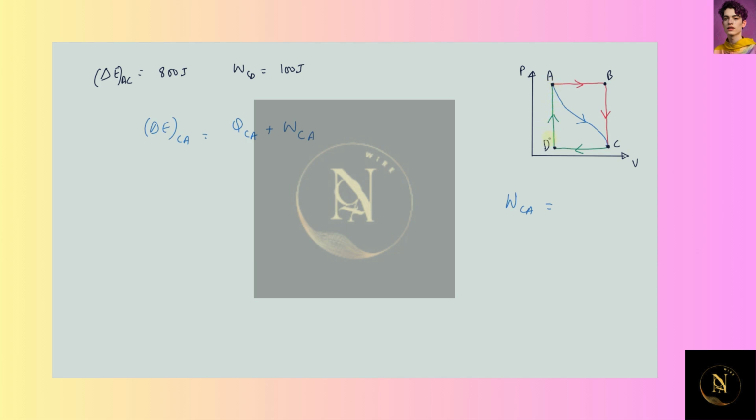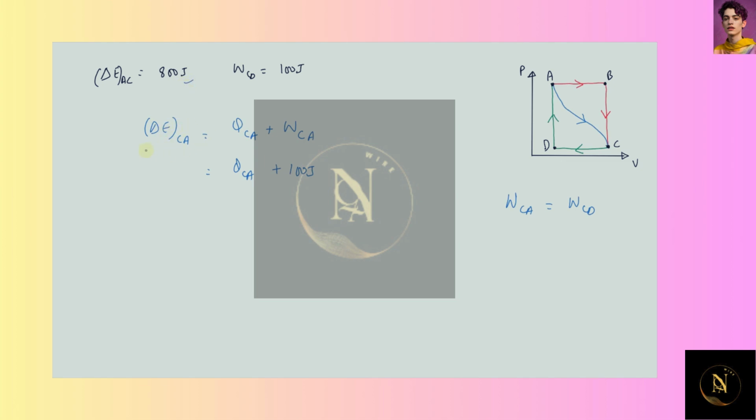Since in this process change in volume is 0, we can say that the work in case of CA is nothing but the work which is equal to CD. So we can plug the value here, and WCD we have calculated, it is 100 joule, and QCA we have to calculate, and delta U AC is given as 800 joules.